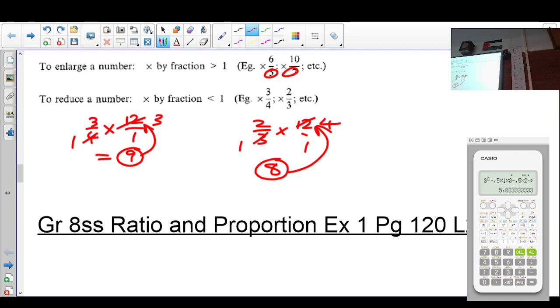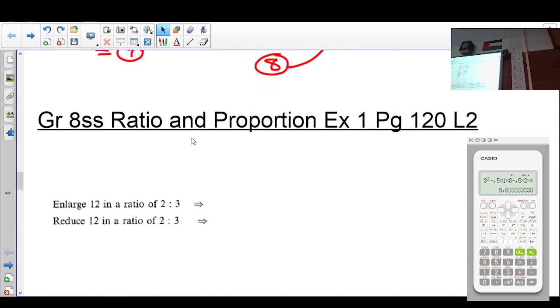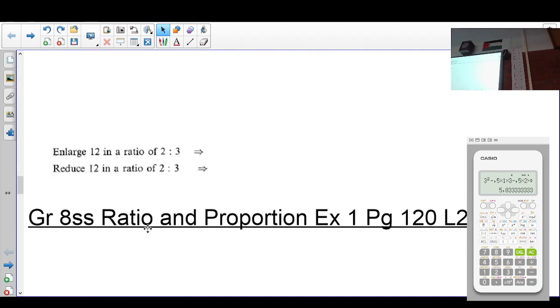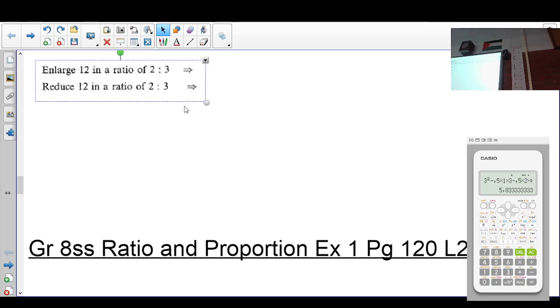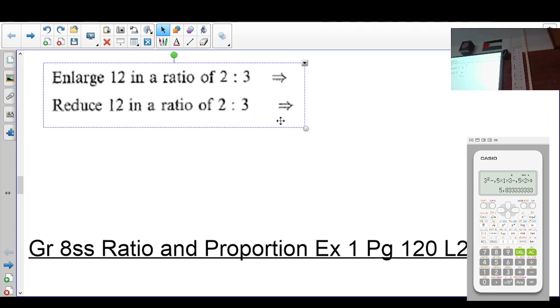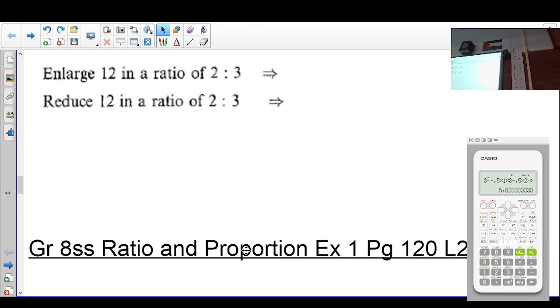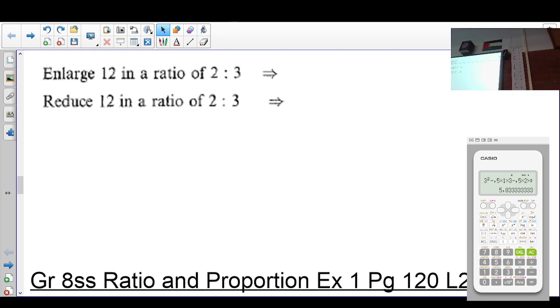Let's see now in the next calculation. Let's look at the next one. You see here? He's asking where in practice we're going to use this. There we go. There's a nice sum dealing with exactly that. We are asked to enlarge 12 in the ratio 2:3. So which number must be on top, the bigger one or the smaller one?